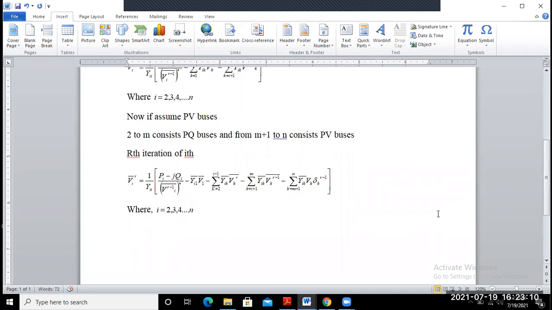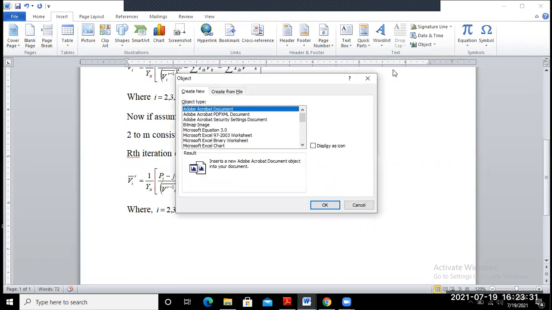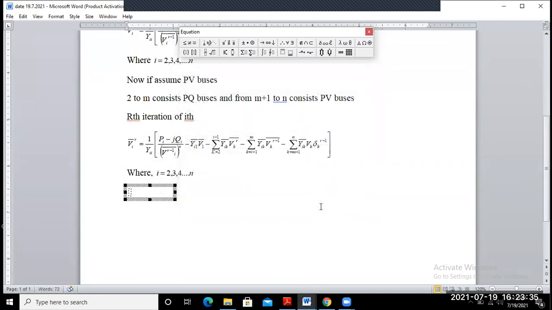From that equation, if you simplify, that is V_i complex conjugate into I_i and separate active and reactive power, then you will get the value of Q_i, the reactive power at the ith bus.